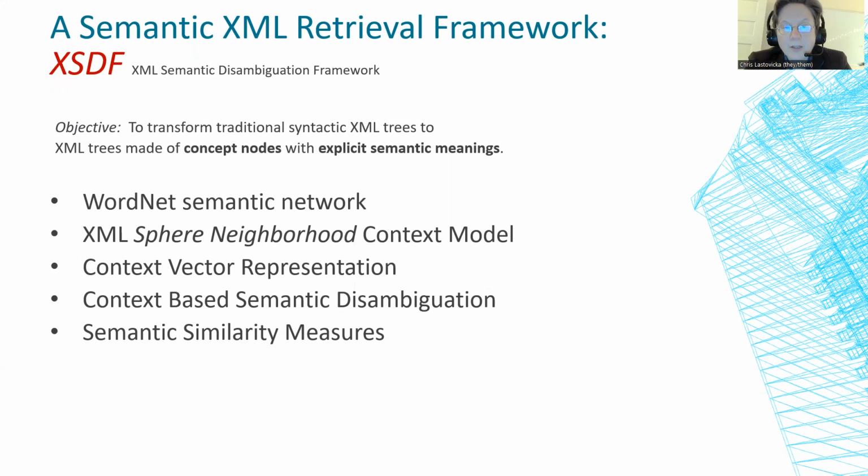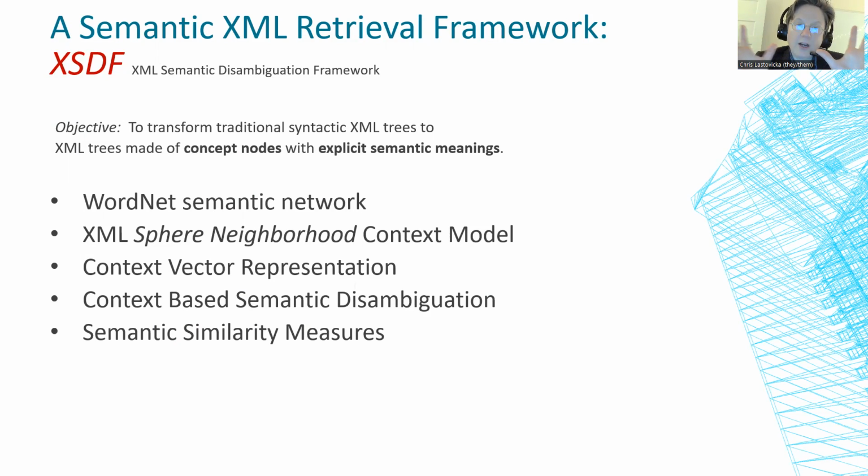Then they use something called a sphere neighborhood context model, because they find that the distance of terms one from another has an effect on semantics and figuring out what the meaning is. And then in their process, they represent this using vectors, just as we've done in class with our vector models.